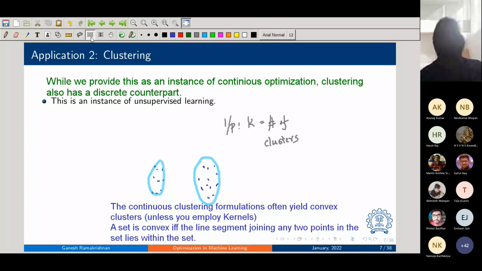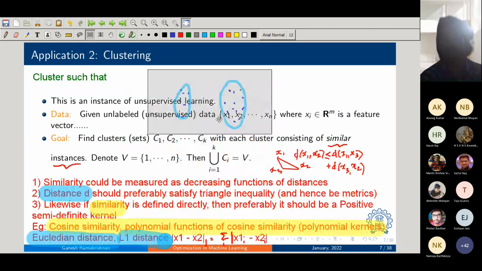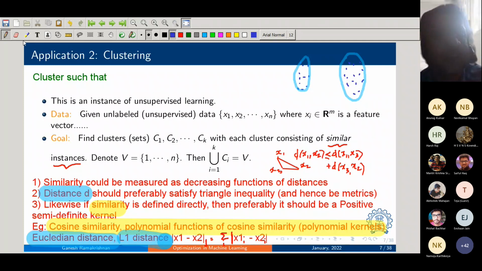On what basis are you trying to cluster? You seem to see some cohesion between the points in this cluster, and some cohesion between the points in this cluster. How do you measure that cohesiveness? Sir, one of them would be that the point is nearer to its own cluster than the other cluster. Okay, yes.